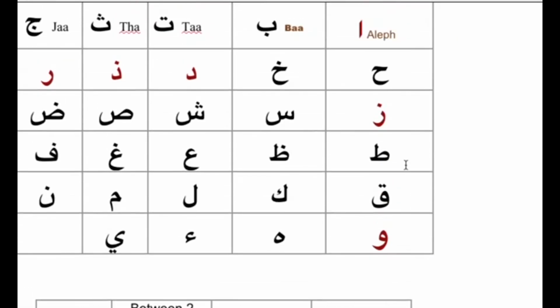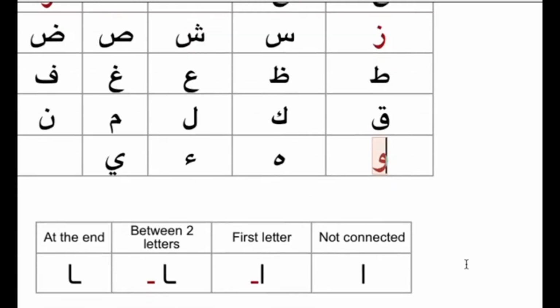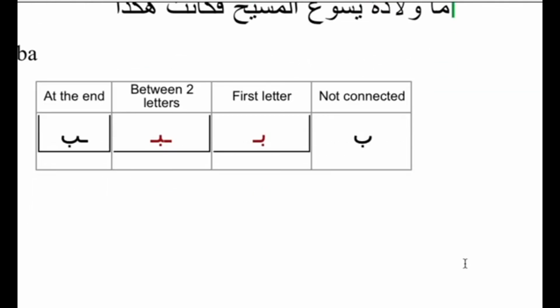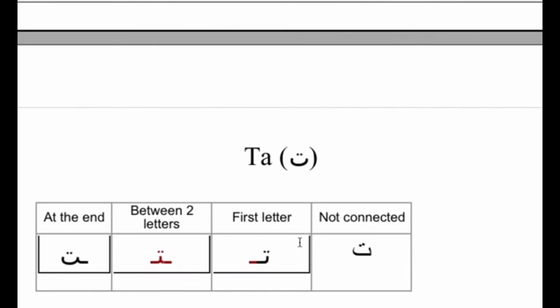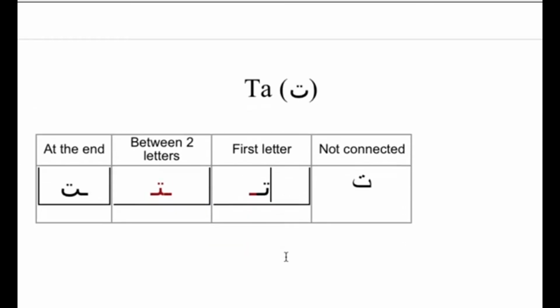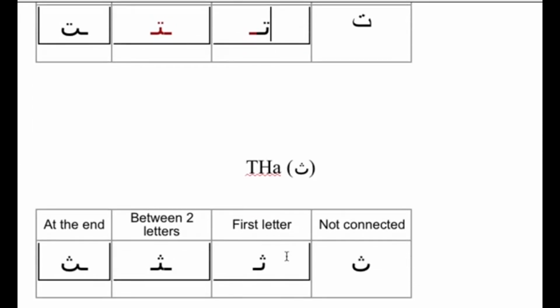Just to refresh your memory: Alif, Dal, Thal, Ra, Za, Wa. Those don't accept connection on the left, but the rest are similar. Ba, this is how it is. Ta, it's the same. Tha is the same.